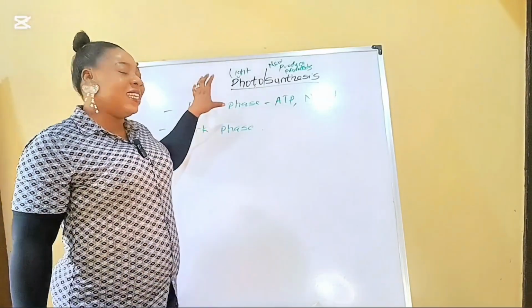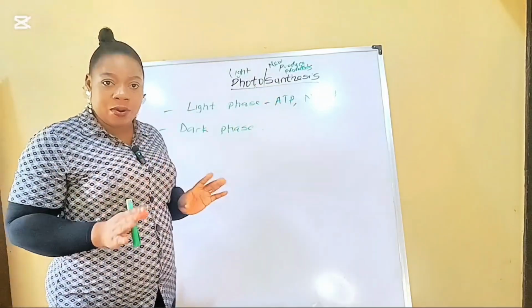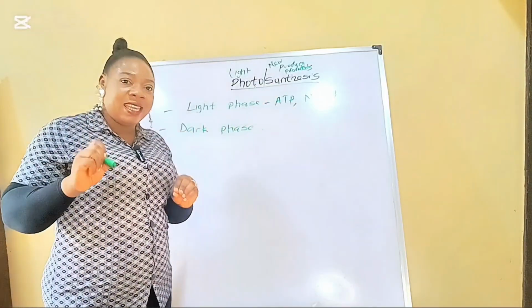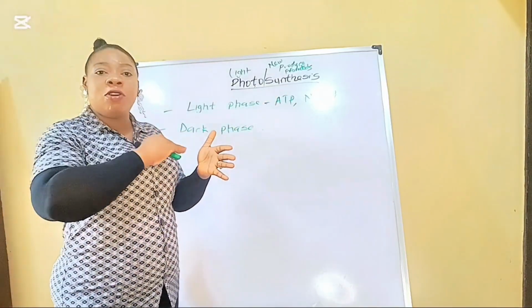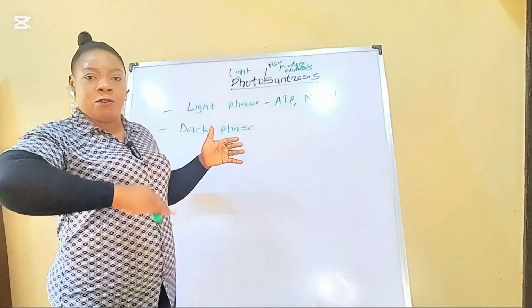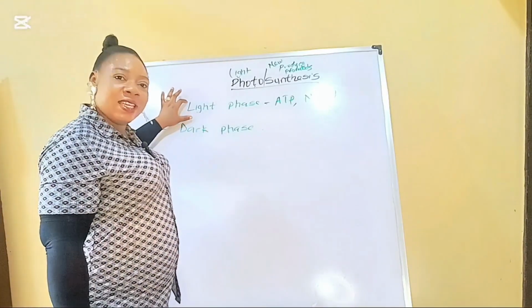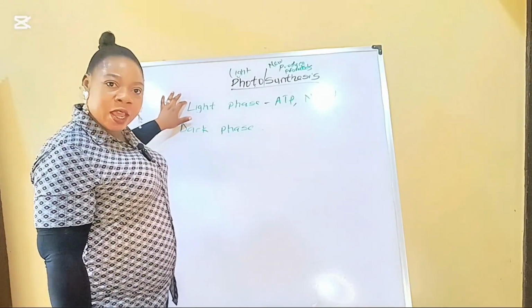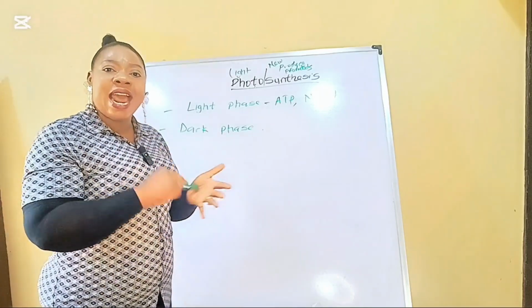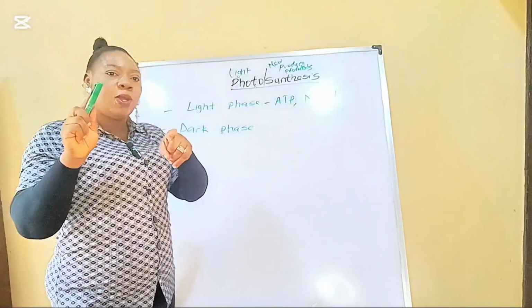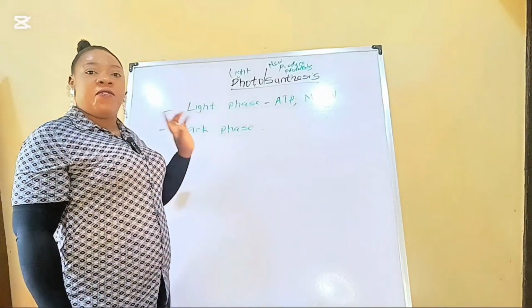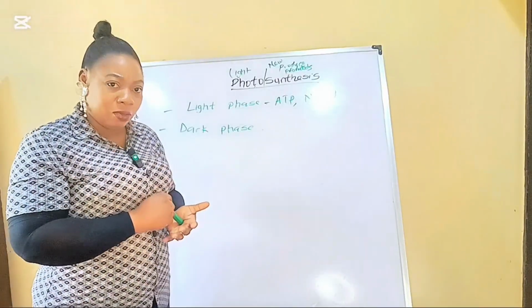That is where this energy is being generated. So it is safe to say that without the electron transport chain and the oxidative phosphorylation, this light phase cannot be completed, because that is where our energy will be gotten from, which is actually needed by the dark phase for their process to take place.